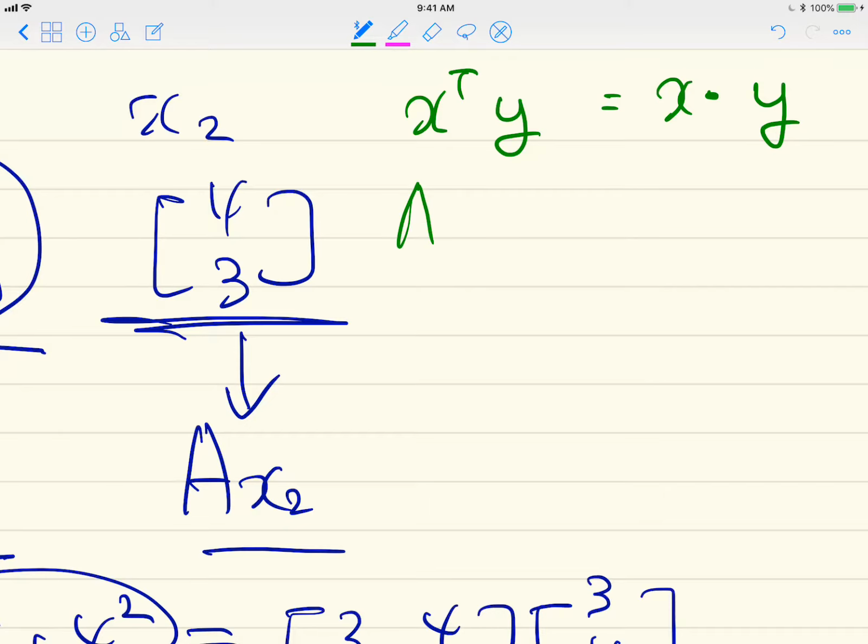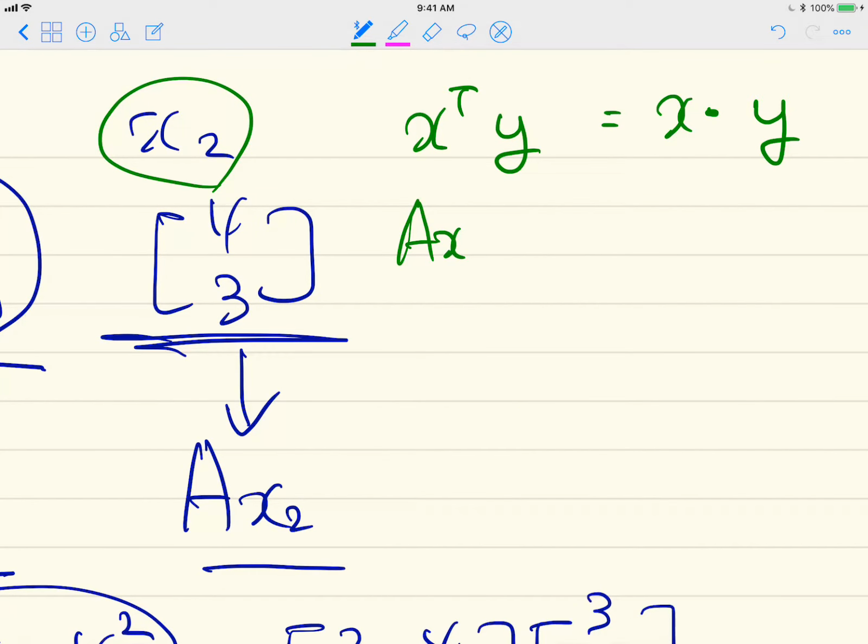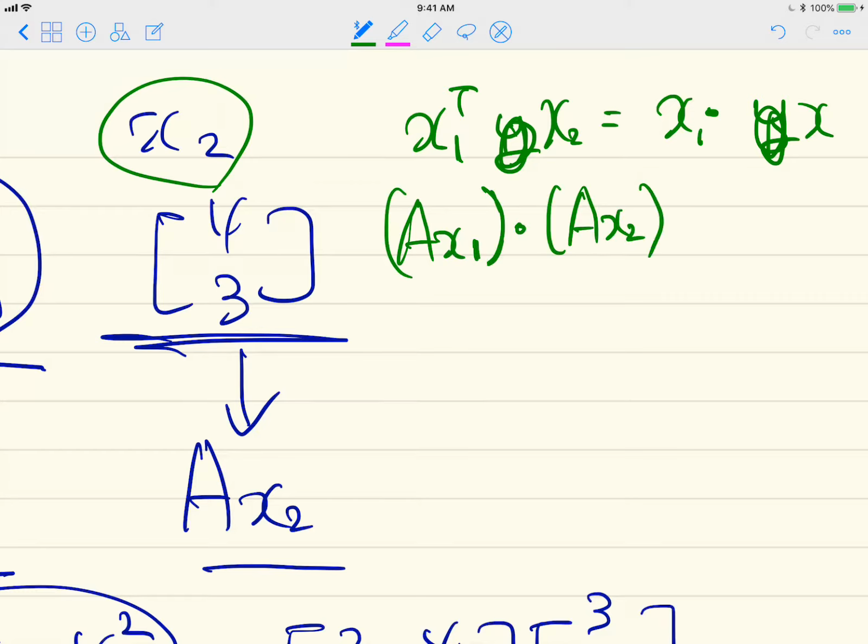Now we consider this Ax. We initially had x1 and x2, and now let's think of the inner product with this, and then it is like Ax1 transpose and Ax2. Oh no, this guy, right?